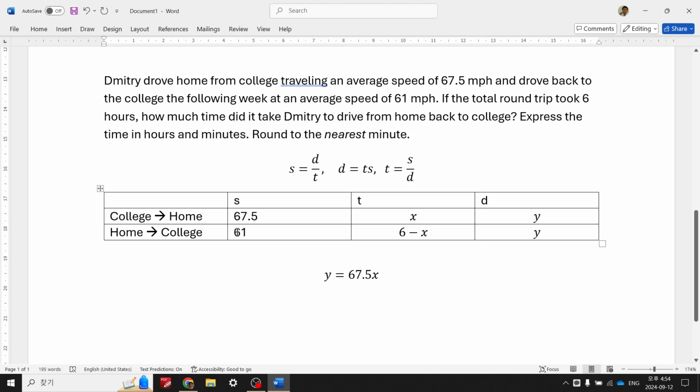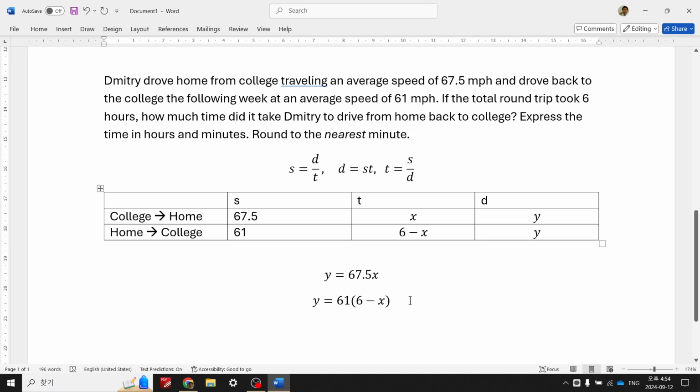All right, and then if you go to the second line, what is it? y equals 61 times 6 minus x, right? Yeah, speed times time. You can write this as time times speed, or you can also write this speed times time. It doesn't matter, right?